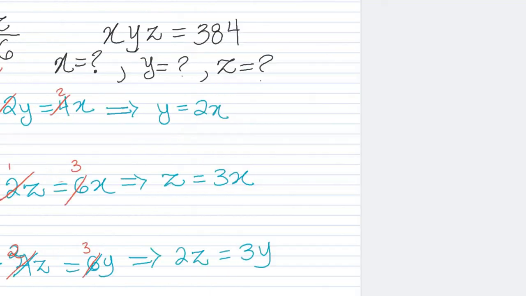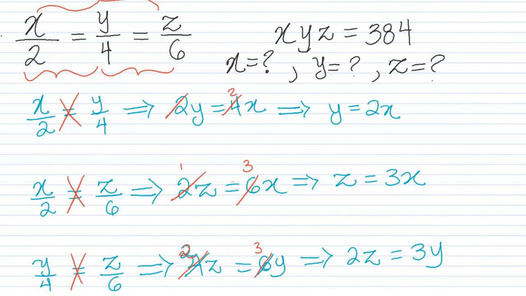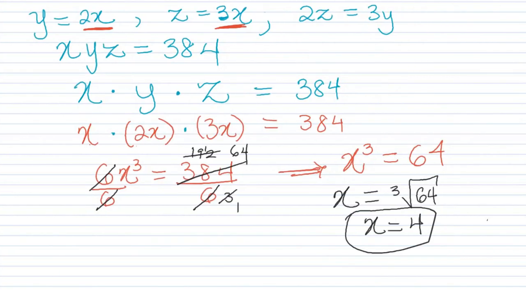But guess what? The question says to find the value of x, the value of y, and the value of z. What did we say x is? We got x to be 4. Hence, what did we say y is in terms of x? y can be written as y equals 2x. So y is going to be 2 times 4, and y is 8.